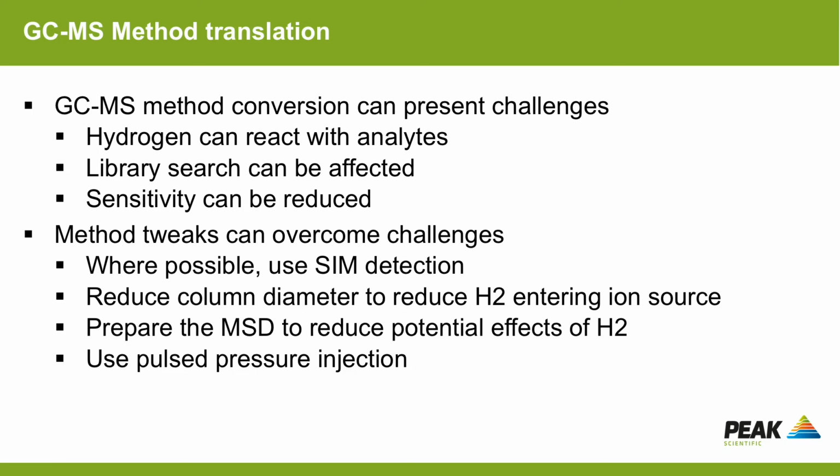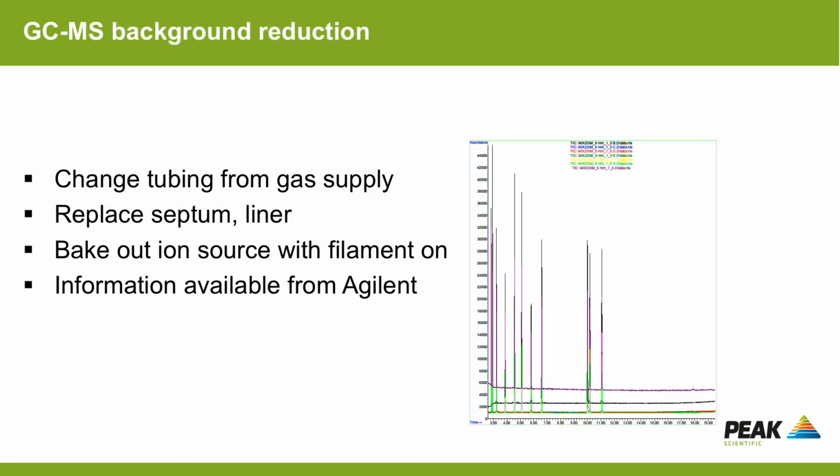So another thing just to consider, and this actually also is a point that needs to be considered when changing carrier gas from helium to hydrogen on any GC system, regardless of the detector. Changing the tubing from the original gas supply over to your hydrogen generator can result in significant background showing on the GC.